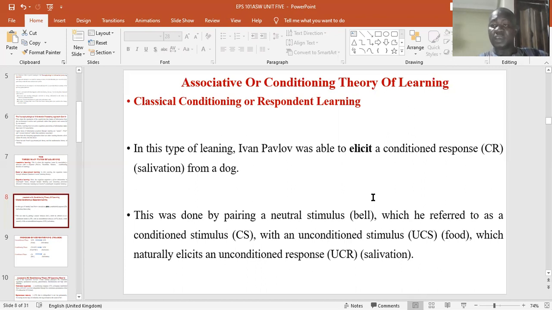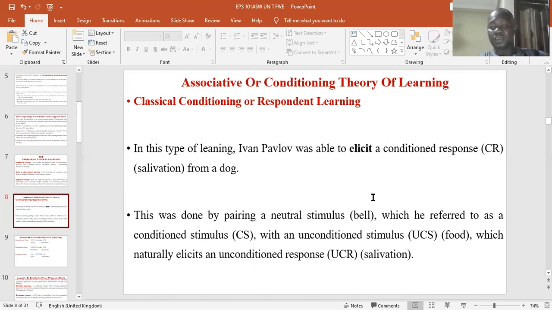So in the third scenario, he replaced the food with a bell and rang only the bell, and the dog responded. So now the bell is no more a neutral stimulus but a conditioned stimulus, because it is something the dog has learned. It has conditioned itself to it. And the response the dog produces after the ringing of the bell alone is the conditioned response.